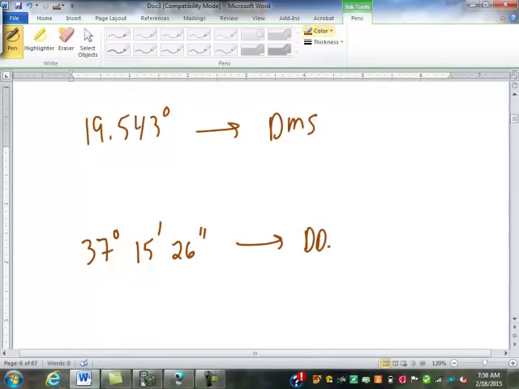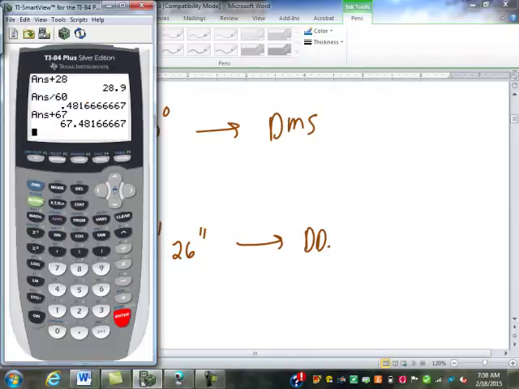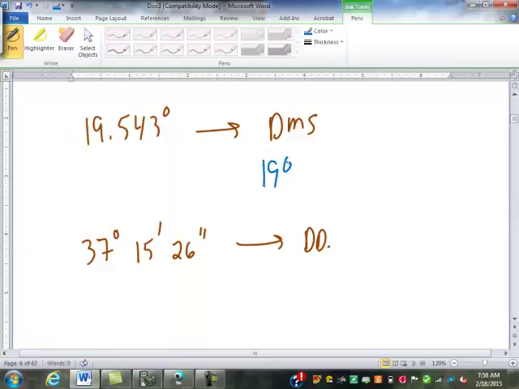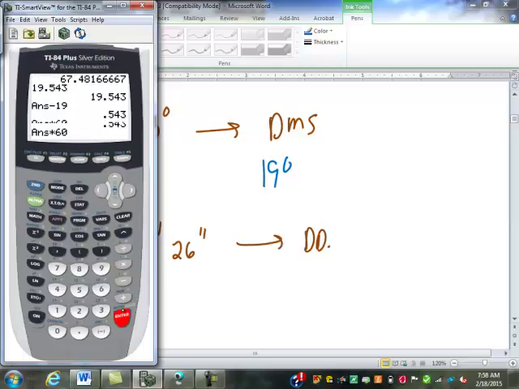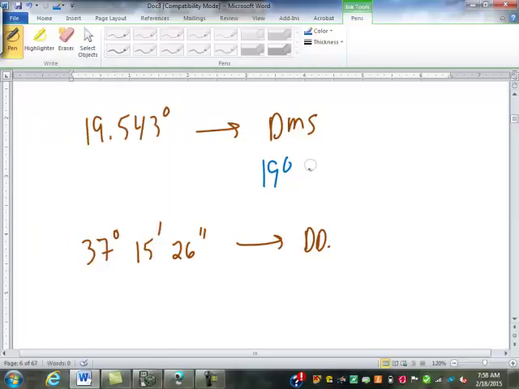Okay, let's take a look here. So this first one, 19.543. Of course, the 19 degrees comes off. So I'll subtract the 19 off the calculator. 0.543, we're going to times 60. 32.54, which means we need 32 minutes.